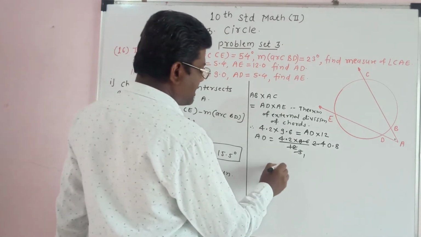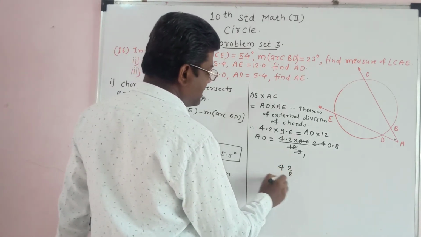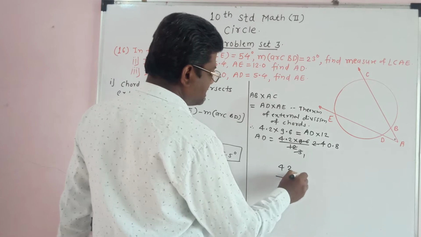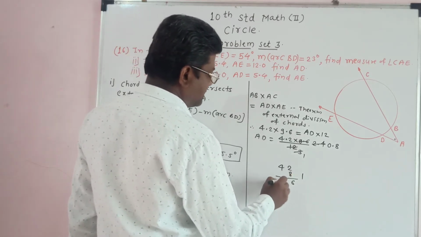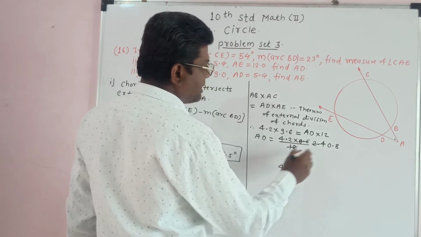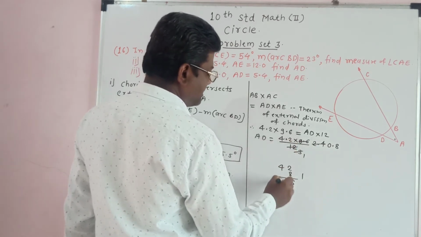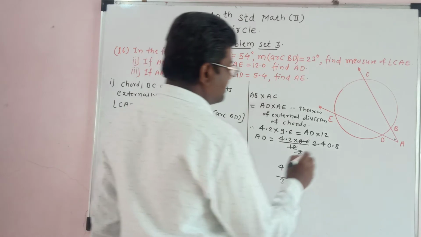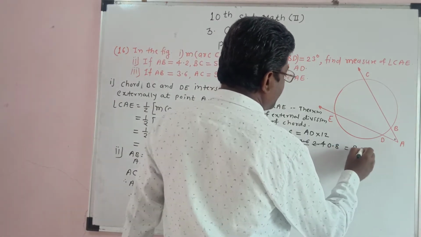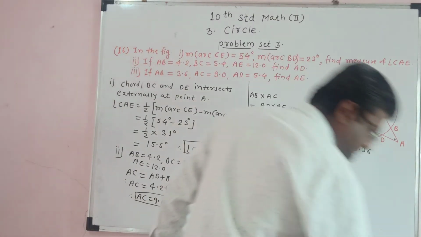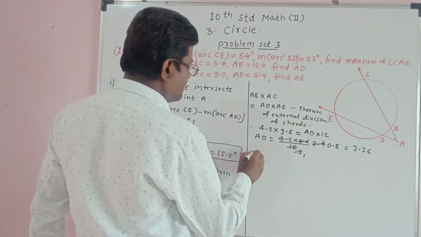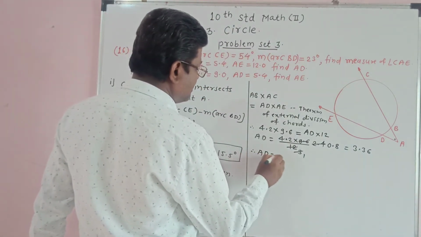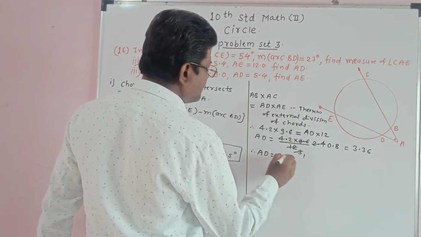Now 4.2 into 8: 8 into 2 is 16, 8 4s are 32 and 1 is 33, and with 2 decimal points, therefore 3.36. So we have answer AD is equal to 3.36.